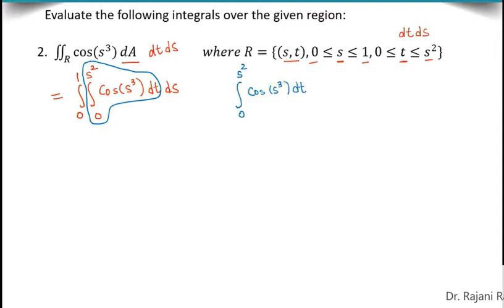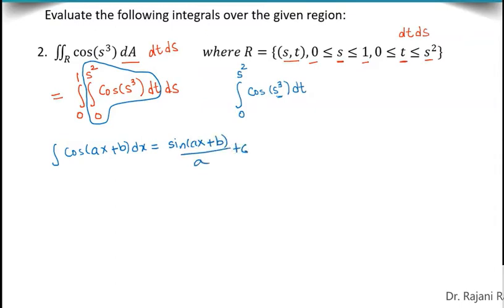Now you may think, how do we integrate cosine s power 3, because you have the rule only for cos x, right? What is the rule? The integral of cosine of ax plus b is sine of ax plus b over a, plus c.